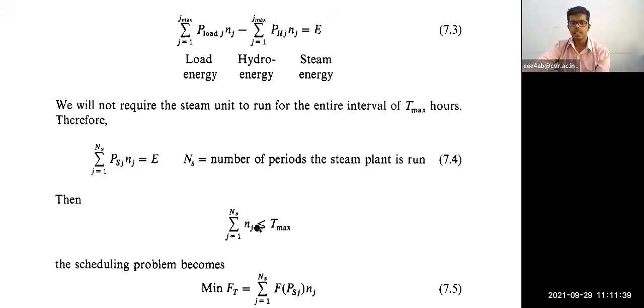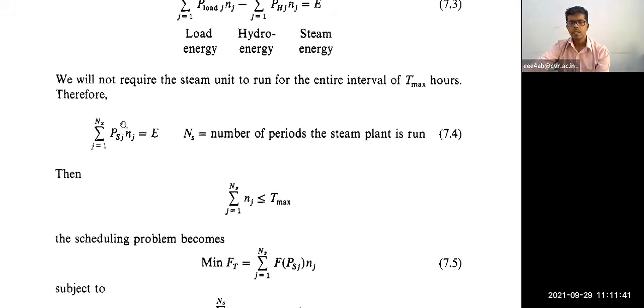So if you want to minimize the steam cost, then the number of operating hours NJ should be less than T maximum hours, up to 24 hours. If you run the steam power plant for only 8 hours or 6 hours, then automatically the cost of generation from the steam plant will be minimized.